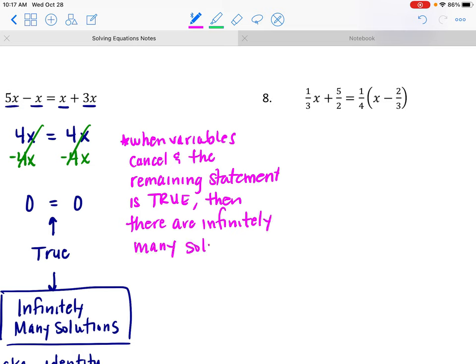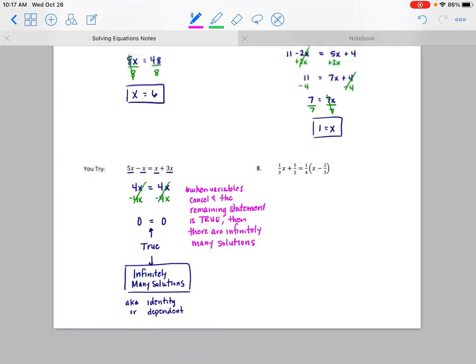Okay, the variables canceling means that they don't matter. If they cancel out from both sides, they don't matter. What matters is what's left. And if what's left is the same on both sides, then no matter what you plug in for x, you're going to end up with a true statement. So infinitely many solutions.